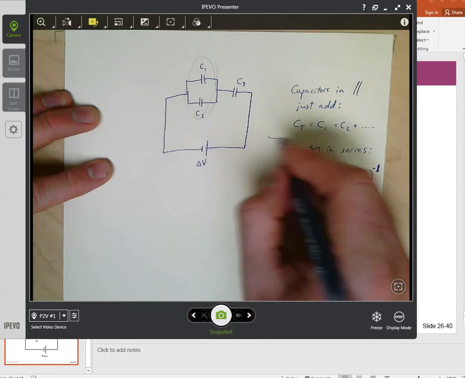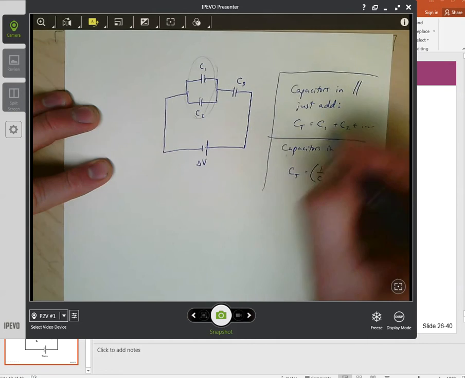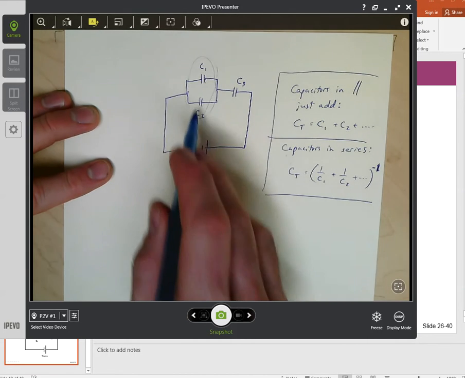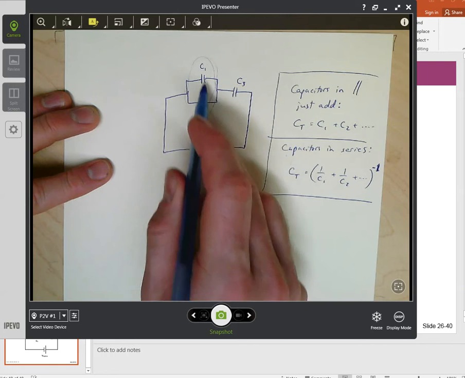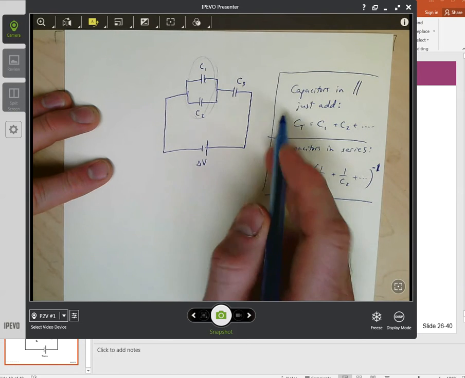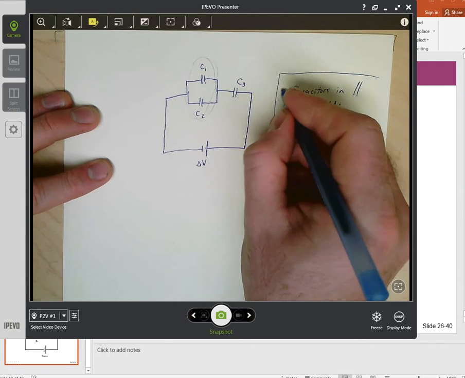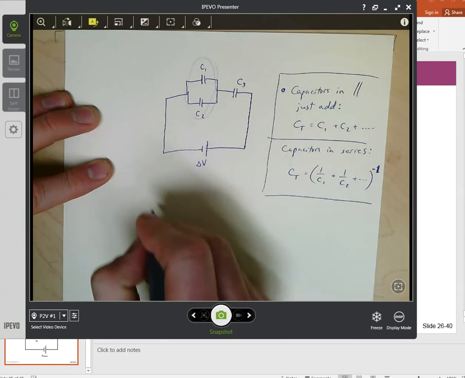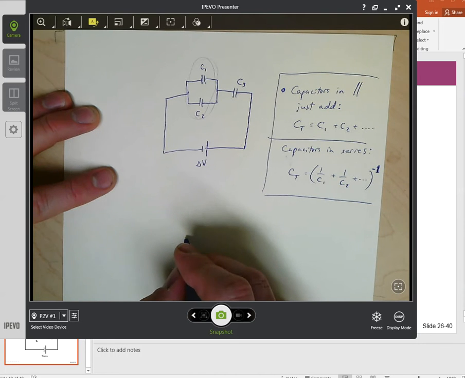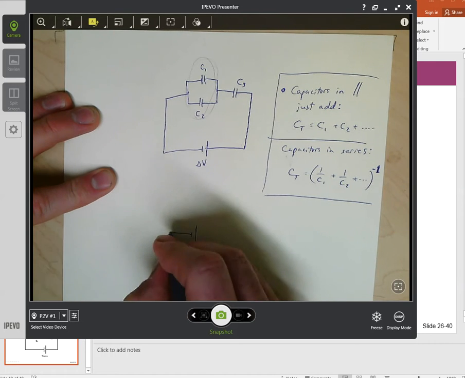That's just a reminder of something you saw earlier in the slides. Nonetheless, we can apply that here by recognizing that C1 and C2 are in parallel, so we should just use the first rule. And I can say that this is the same thing as a circuit that looks like this.